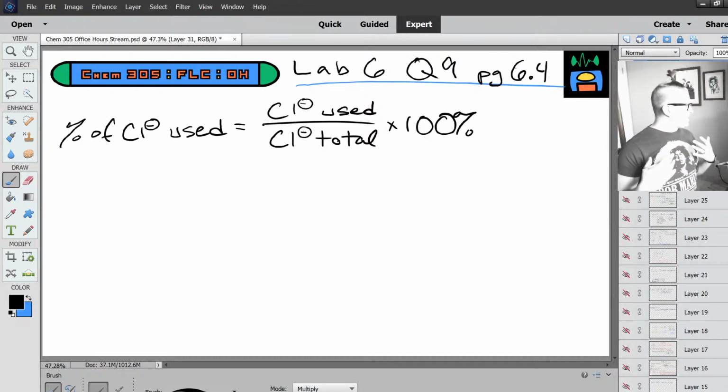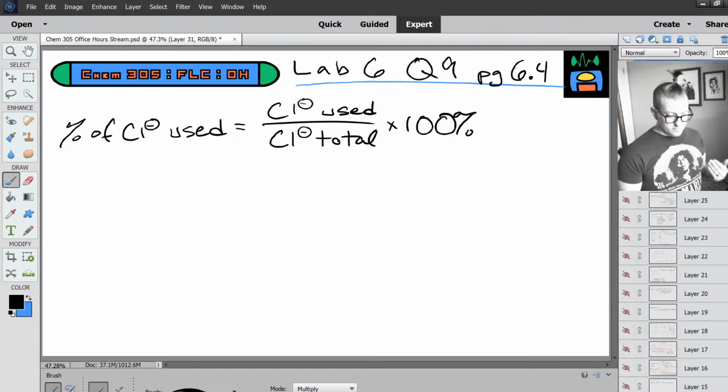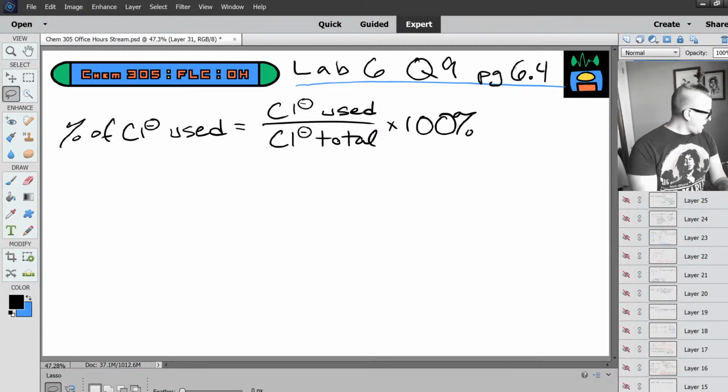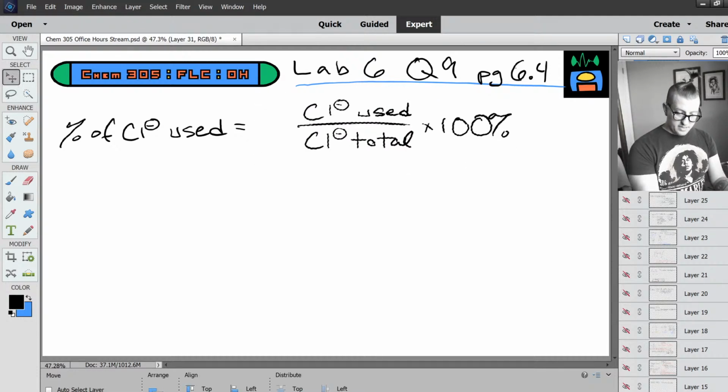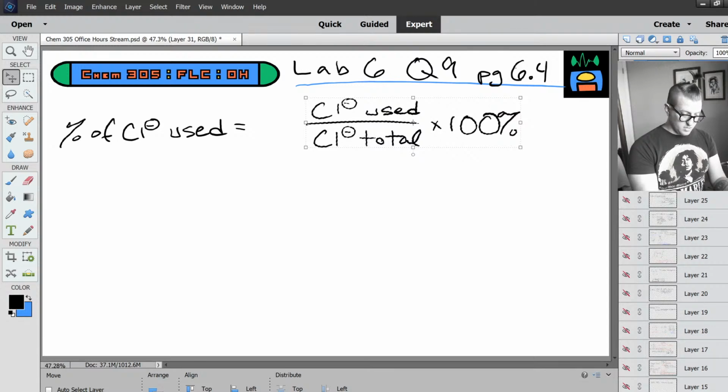And we could use any units for these. We could use mass, we could use moles. You know what, I'm thinking let's just use moles because I actually think it'll be slightly less math.